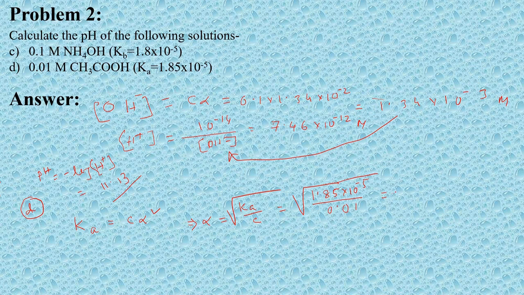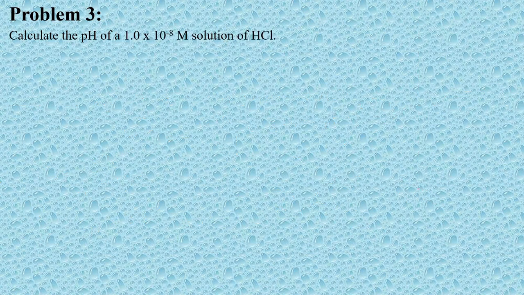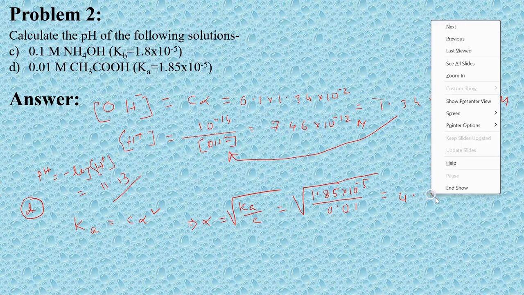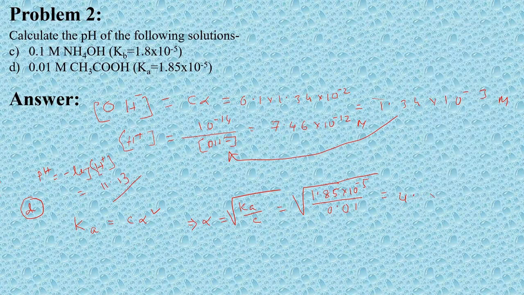So alpha will be 4.3 into 10 to the power minus 2 molar.